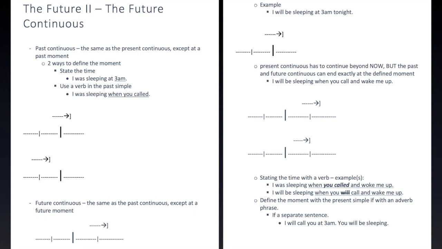Now look what we did. We used the future for both cases. And that is because this is a full separate sentence, and this is separate from this one. And in the other case, it was just an adverb phrase that we added on to the other sentence. If you need more information about adverb phrases, I recommend my materials about that. There's an adverb phrase section. I think that's what it will be called.